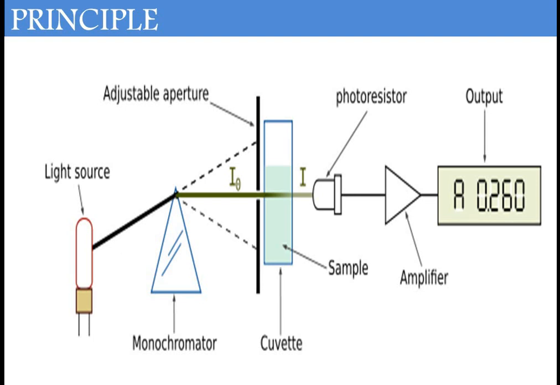The light source produces the polychromatic light, and the light passes through the monochromator, where the light is divided into two beams. The beams pass through the cuvettes containing samples. The photometer measures the amount of light that passes through the sample and delivers a voltage signal to the display.